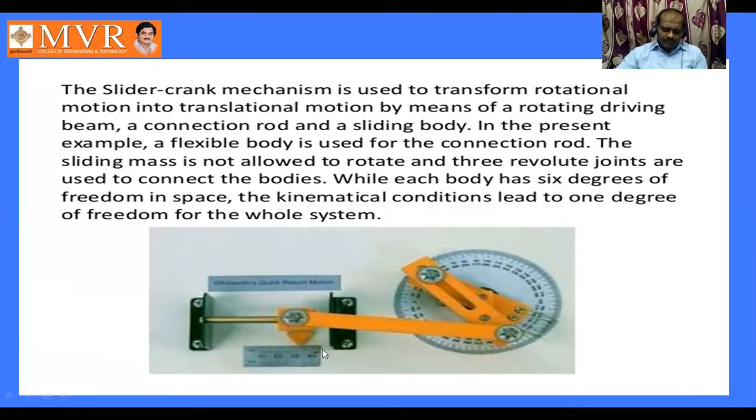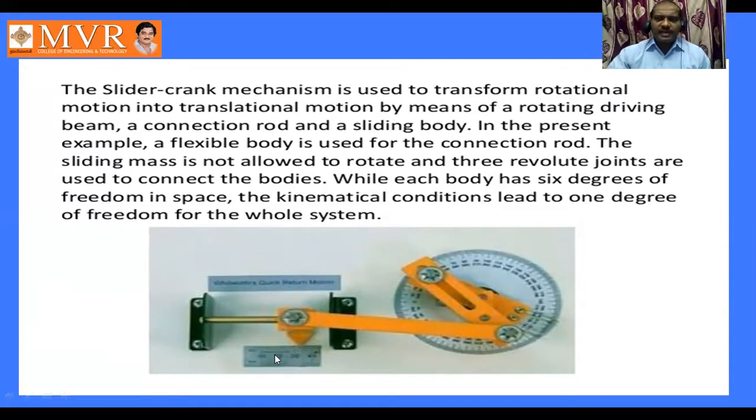For a linear displacement, how much angular displacement is going to be there is observed on this protractor circle. This is a linear one. This is going to be a rotary one. Similarly, if rotary displacement takes place, the same displacement can be observed here in a linear scale.